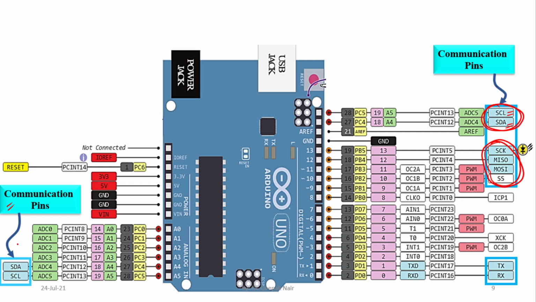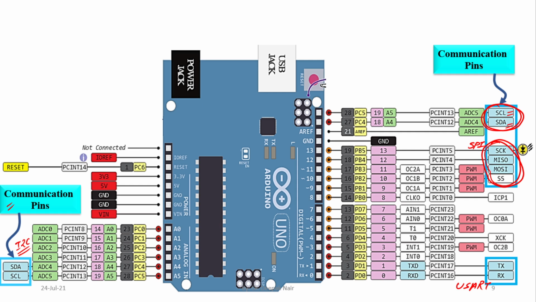So these are for I2C communication. SCK, MISO, MOSI and SS are used for SPI communication, and TX, RX are used for USART communication, or we can say serial communication. So these are the different functionalities which are embedded in the same pin.